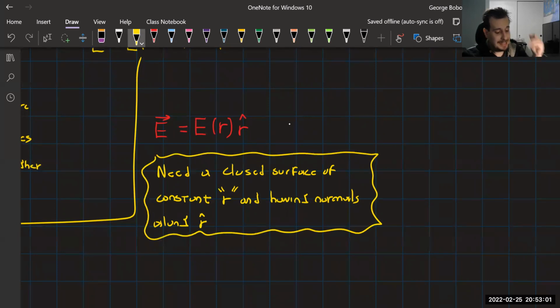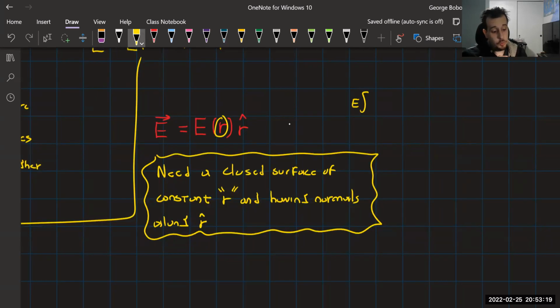Look at what I'm asking. I need a closed surface that has a constant R. Why? So that all the points on it experience the same strength of electric field, and I can pull the electric field outside the integral, basically.